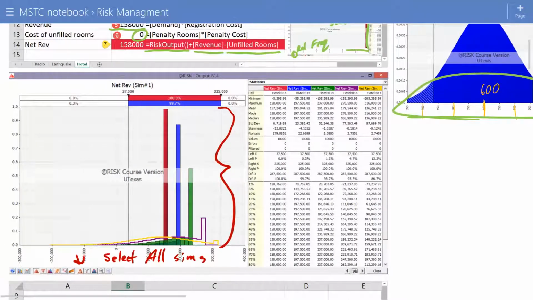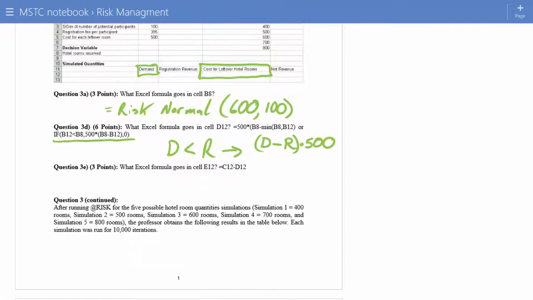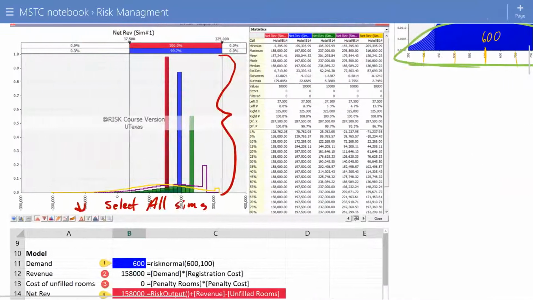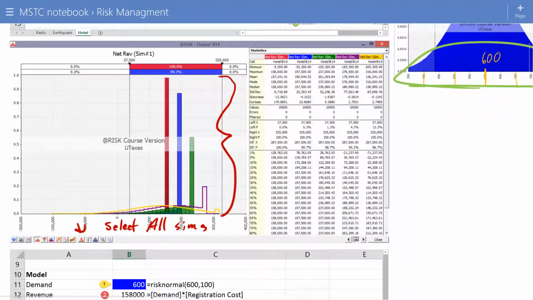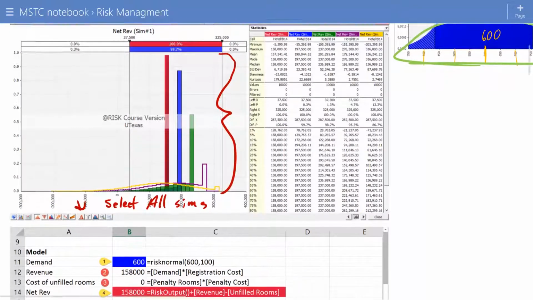To rehash what it looks like on the actual exam, he's going to ask you, what's your net revenue calculation? And again, that is your revenue from sold rooms minus the penalties that you pay. You're going to run 10,000 simulations, or 10,000 iterations, on all of your 5. Again, here's what your output looks like.